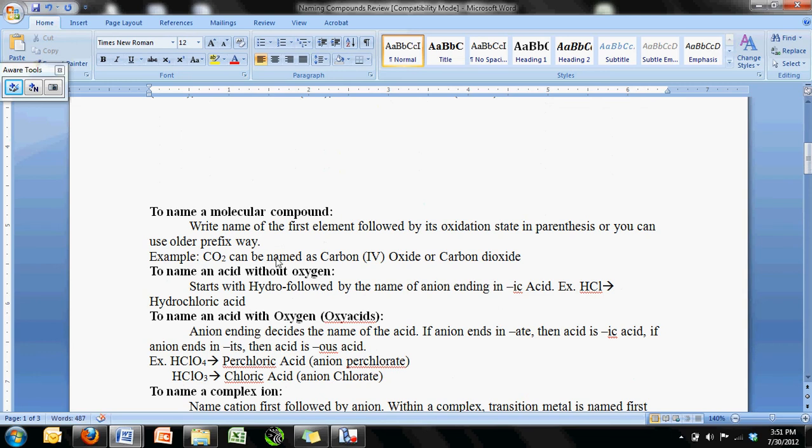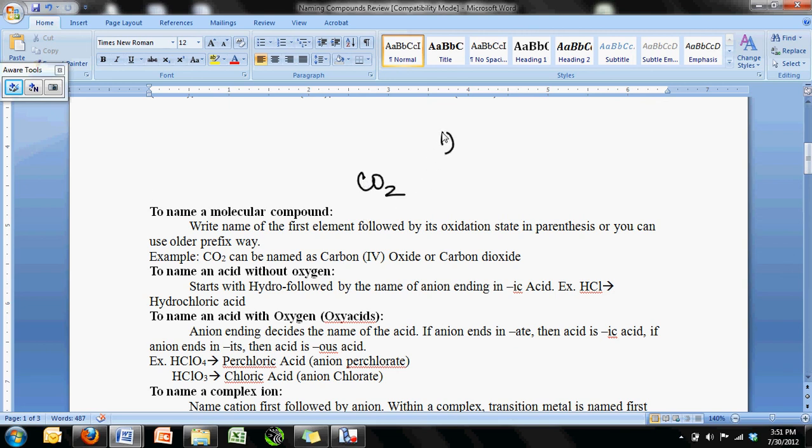Now, how to name a molecular compound? To name a molecular compound, you can use the oxidation state of the first element in parentheses, or you can use the older way of naming compounds. So if you have CO2, which is carbon dioxide, you have two ways of naming it.